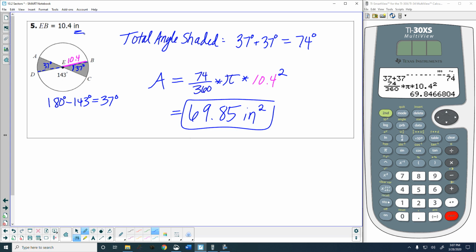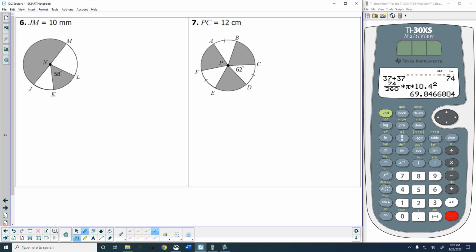All right, so I think we have one more, maybe two. Two more. All right, so on number 6, one thing to be very careful of here. We are given the length of JM is 10. 10 is the diameter of the circle.